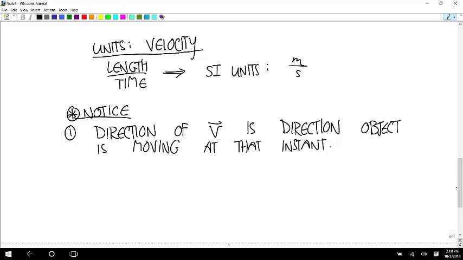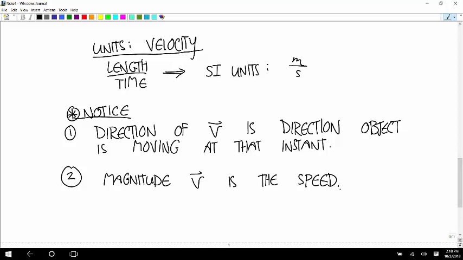Second, the magnitude of the velocity vector v is the speed. That was true in 1D also.